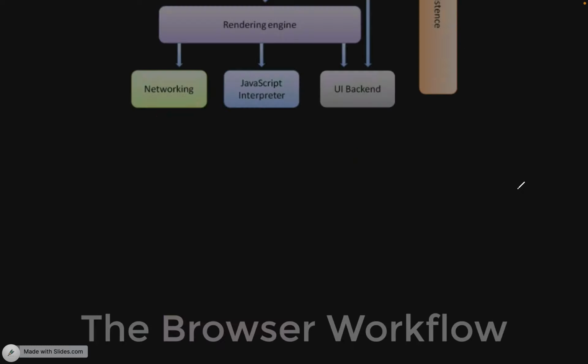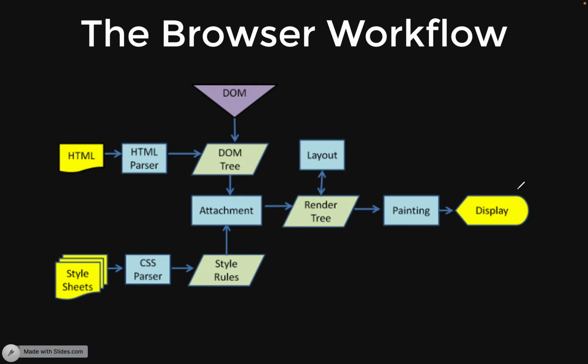So what will happen here? A user will hit a URL, let's say example.com. Then the browser will make a request to get example.com from the server. After getting the response, the browser will get the HTML, CSS, and the included JavaScript files. So what will the browser do? It will first go through the index.html file and parse it.